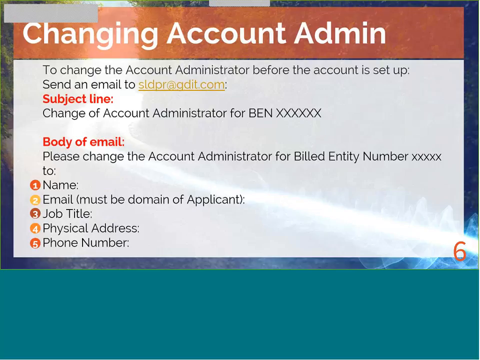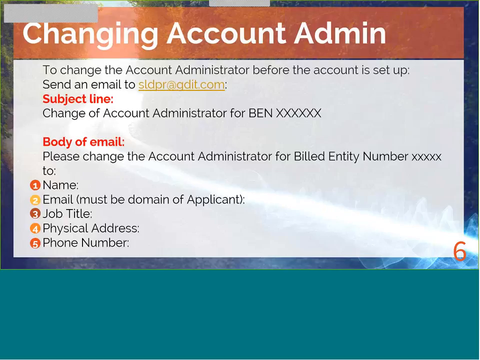You're going to start by sending an email to sldpr@gbit.com, that's g as in Gary, b as in David. In the subject line, you would want to have the phrase Change of Account Administrator, or BEN, which stands for Billed Entity Number, and then you'd want to include your Billed Entity Number.